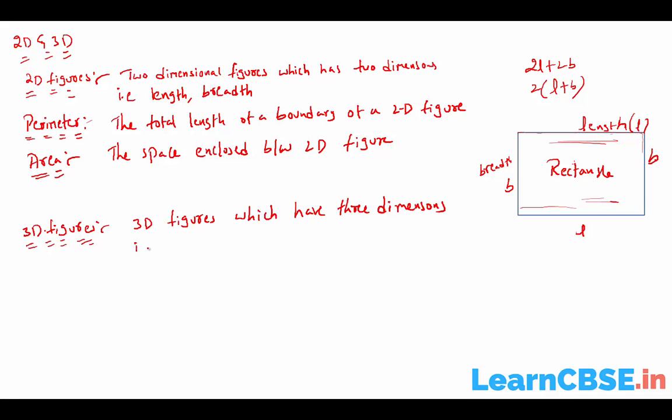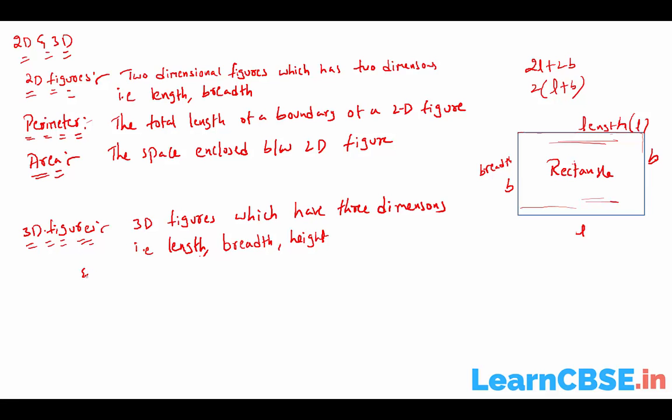Generally we take them as length, breadth, height. Sometimes height can be taken as depth, and breadth can be taken as width. If you have three measurable extensions, it is called a 3D figure.